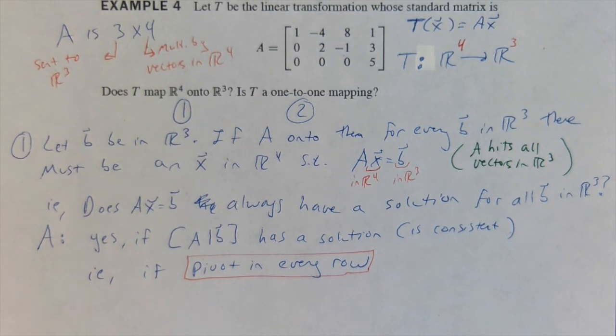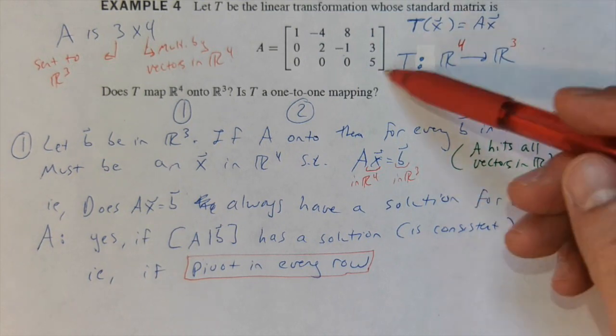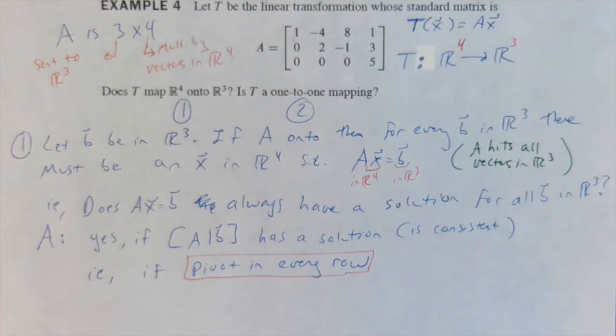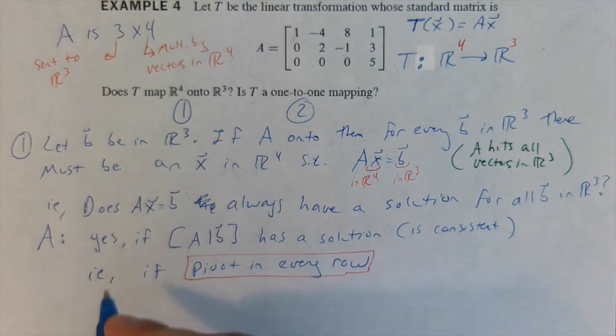And so let's row reduce this thing. And actually, if we notice, it's already in REF. There's a pivot right here, down right, and so this is in REF. It's not completely reduced, but it's in REF. And so let me just rewrite the matrix down here, and then we'll answer the question.